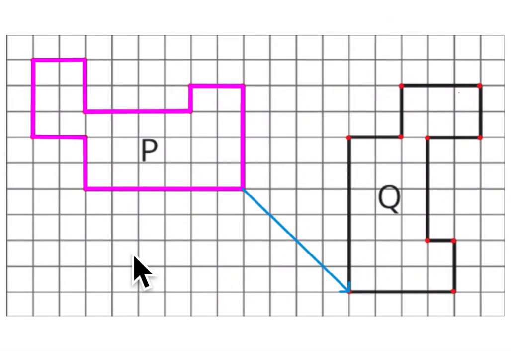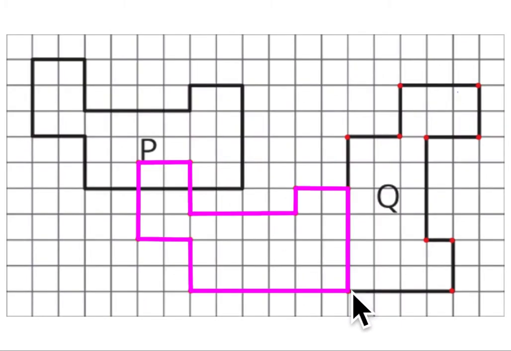Now I could take this image, translate it to this point right here, and then rotate it 90 degrees around. And to rotate it, we could count to make sure. So if I start at the center of rotation right here and count up 1, 2, 3, 4, and then rotate that 90 degrees and count 1, 2, 3, 4, this point is going to go to this point.